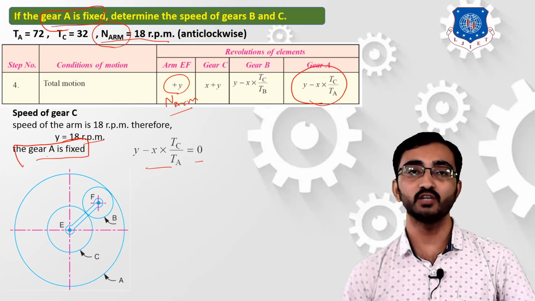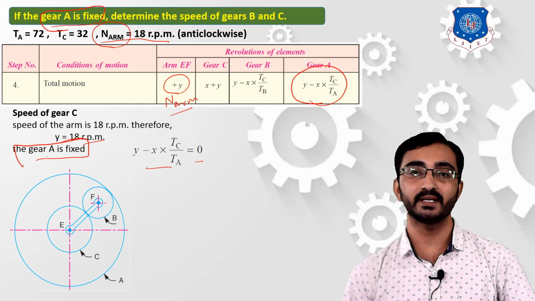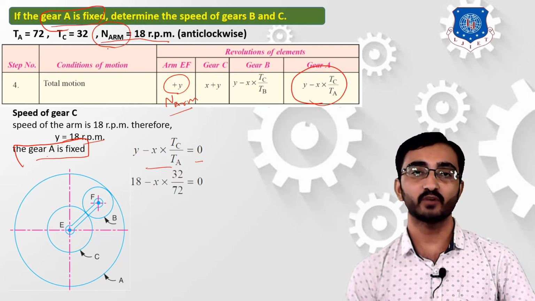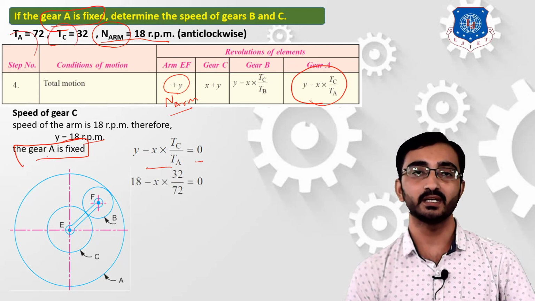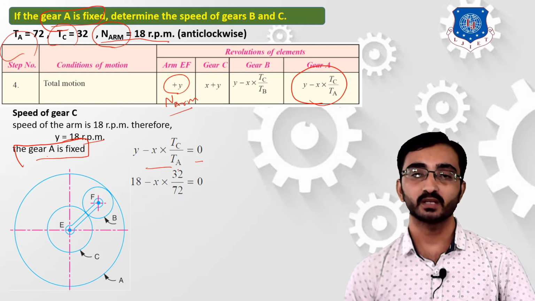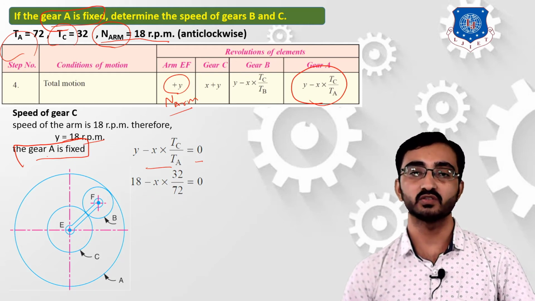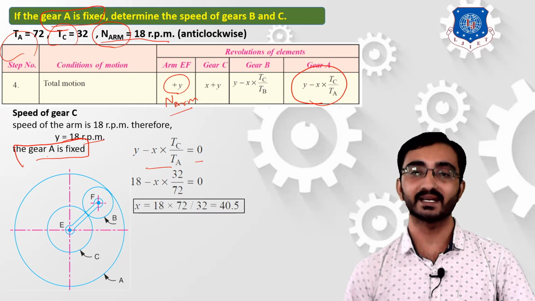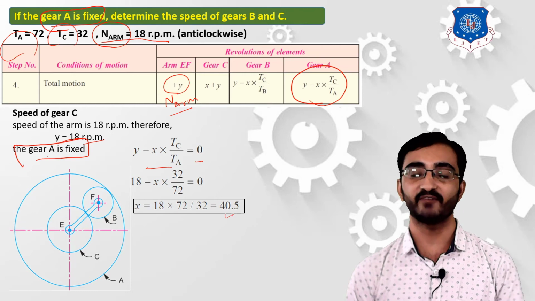Now if you put the values of Tc and Ta in this data, you can simply mention that 18 minus x 32 by 72 is equal to 0. By simplifying this equation you will be able to get the value of x, that is equal to 40.5.